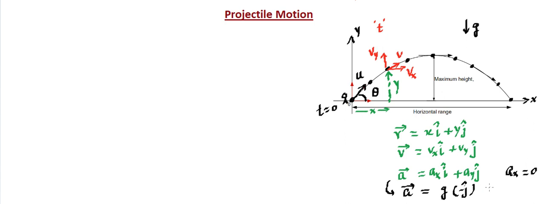Now keep in mind, when we are discussing this motion under gravity, we are assuming air is absent, or even if it is present, it is not offering any resistive force, any viscous force, any drag force. So we are assuming ideal conditions. In reality, you will find later on, when we go deeper into the physics, that we will start considering the influence of air as well.